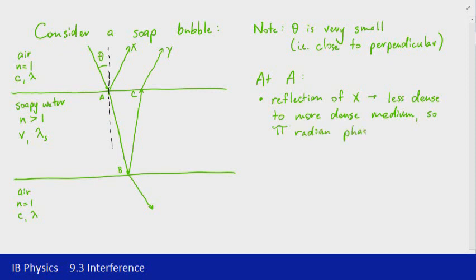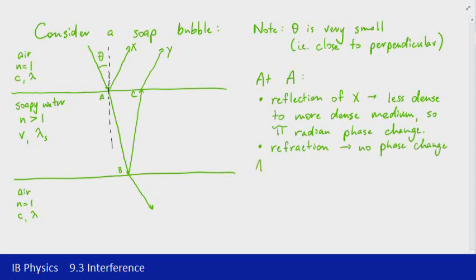So in other words, it's going to invert the wave. So it's now going to be pi radians out of phase compared to what it was going in. The second thing there is the refraction of that wave that travels across, so from A to B, and in that situation there is no phase change. So any transmitted wave will never undergo a phase change.